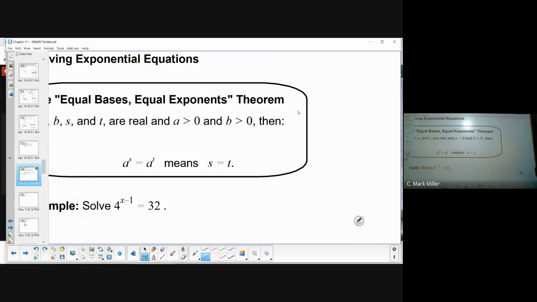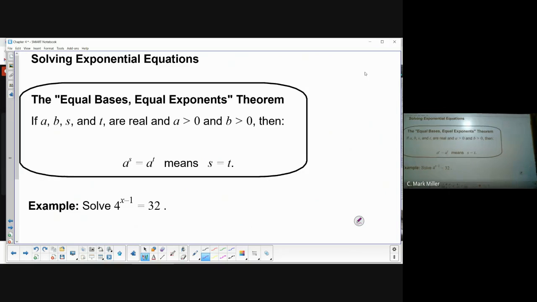This we've done a couple times already. This is equal bases, equal exponents. We've been using it in words. If I have the same base, and keep in mind the base has to be positive, not equal to 1.